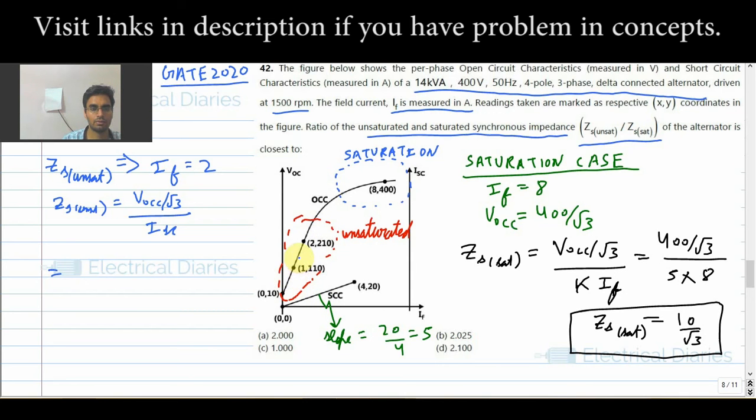So you write the equation of this line. On writing the equation of this line, let me write down the equation.